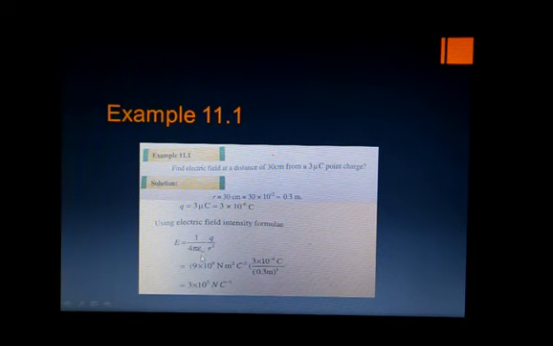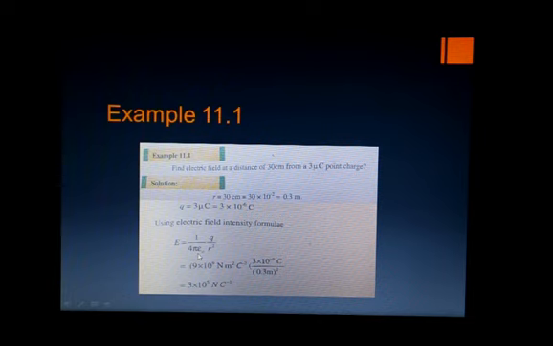This formula which we have derived right now, we are going to use it. You notice here that instead of K, we have written 1 over 4 pi epsilon naught. As earlier in my first lecture, I told you that K is an electric constant, and its value depends upon the system of units and the medium between the charges. If the two charges are located in air or vacuum, then we use this symbol, epsilon naught.